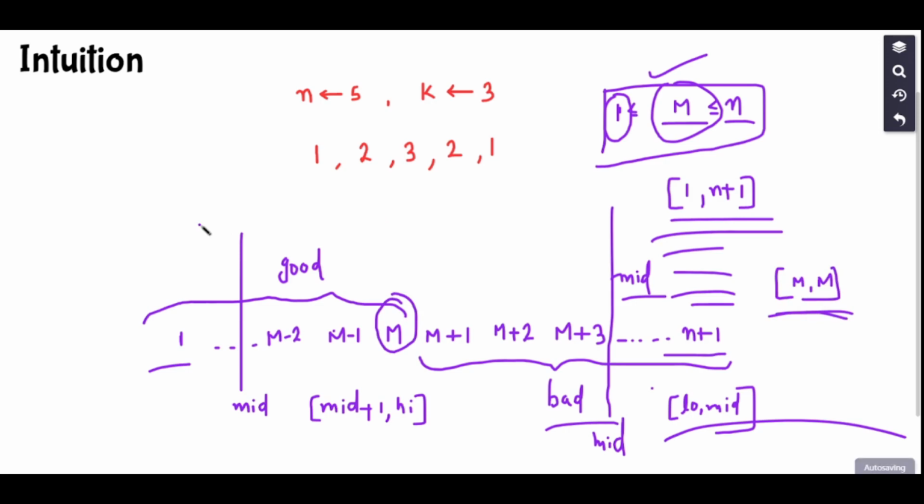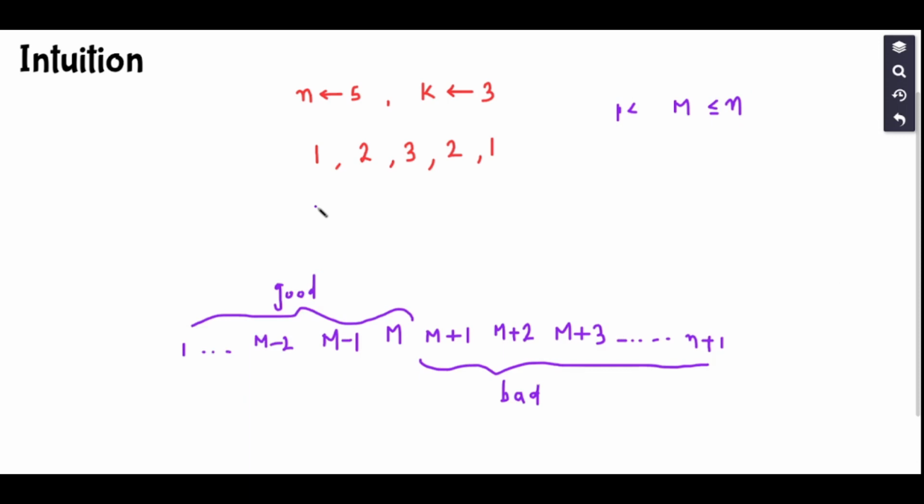Okay, now in this fashion I will calculate the m, but the main challenge is to find whether this mid lies on the good side or on the bad side. How can we do that? Let's see. Observe in the problem statement we are given that we can take subarrays of minimum size 3, and in that subarray we want to find the median.